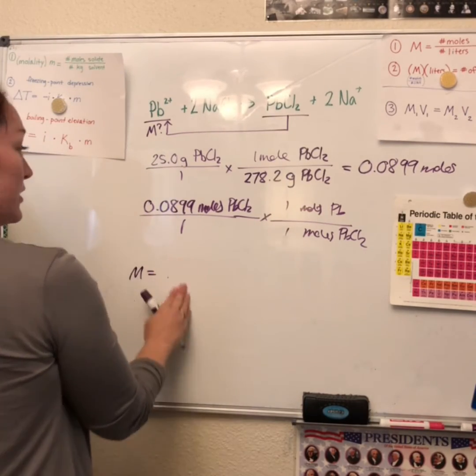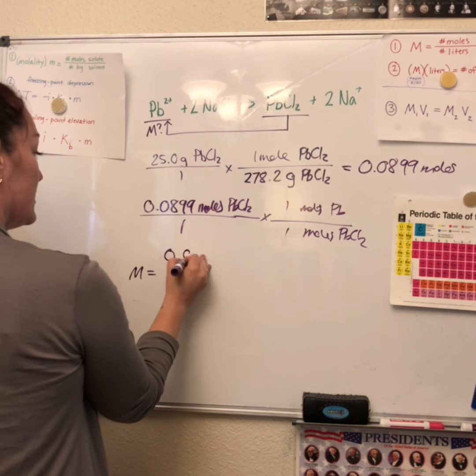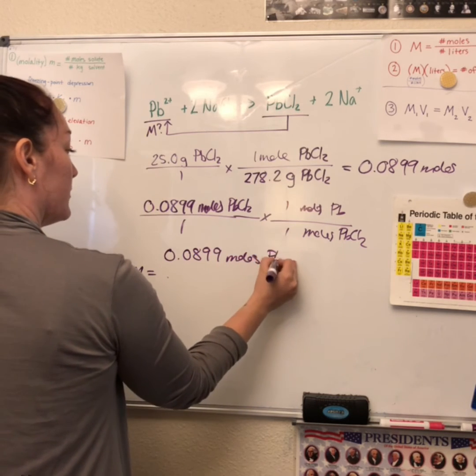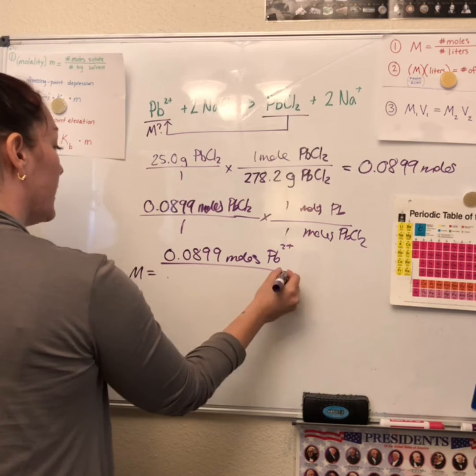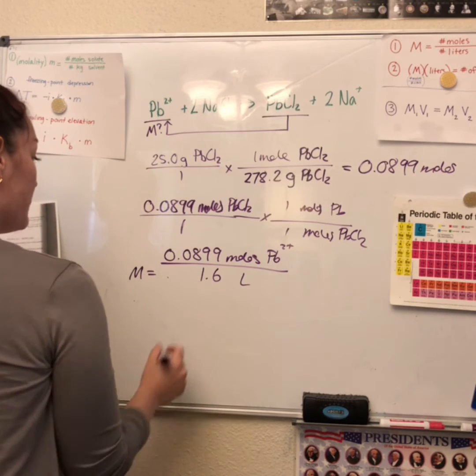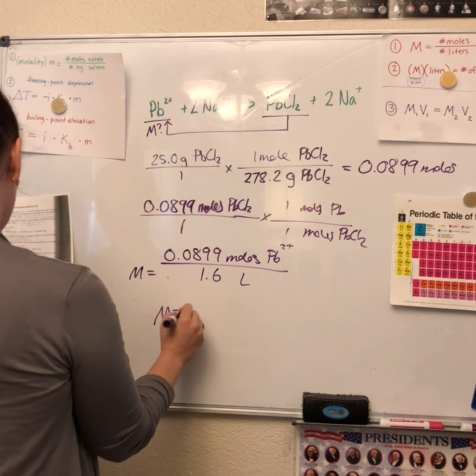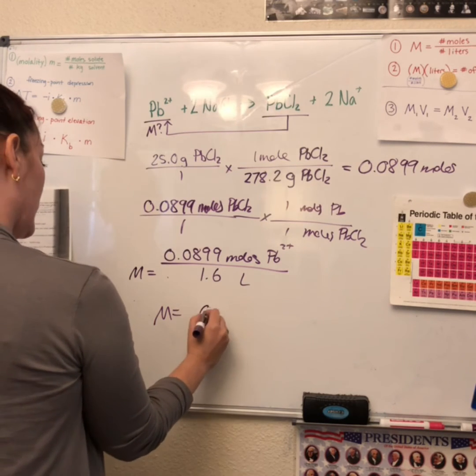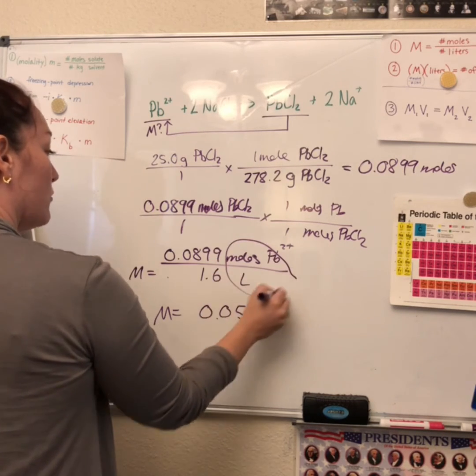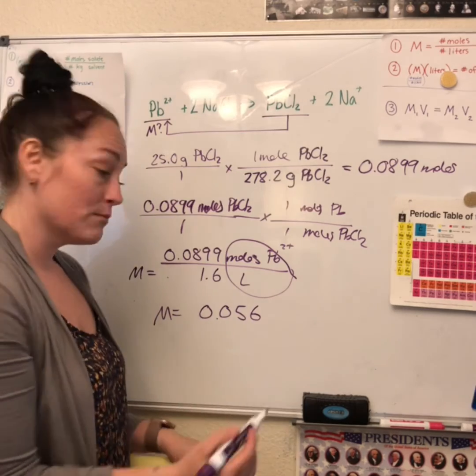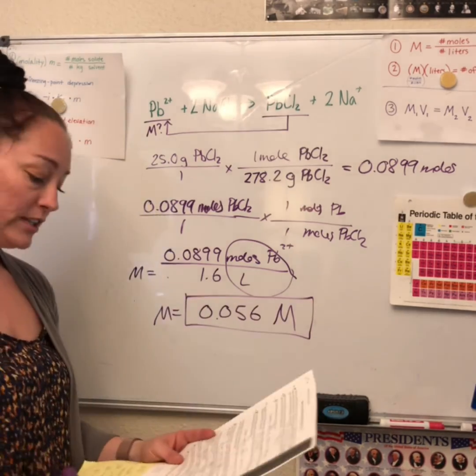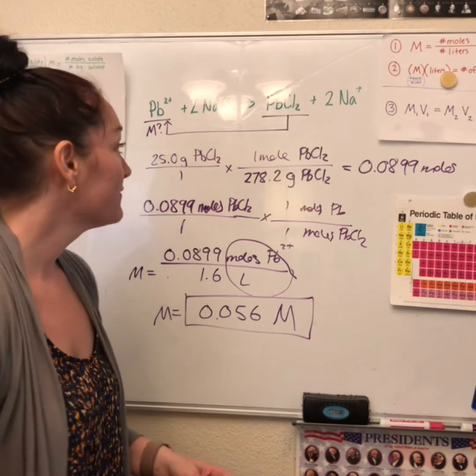So if we're finding molarity, I'm going to stick my number in, 0.0899 moles of Pb over, and they said 1.6 liters of water, okay? So crunch this through, you're going to end up with 0.056, and remember, moles over liter just means molarity. That's your capital M. So your answer is going to look like that, okay?